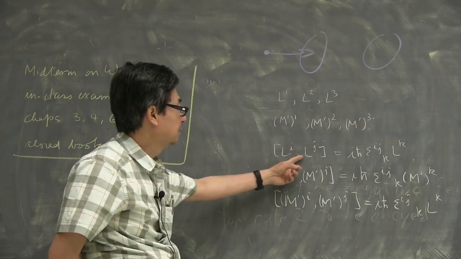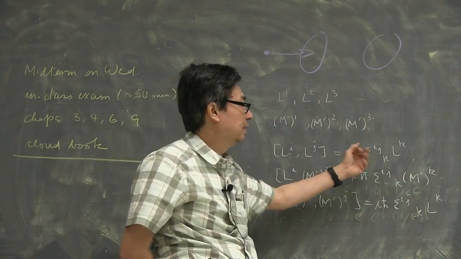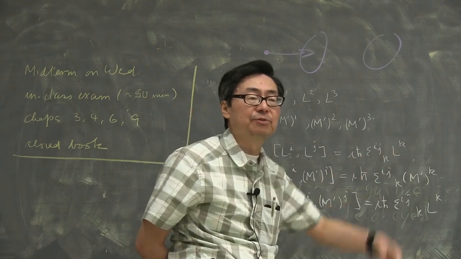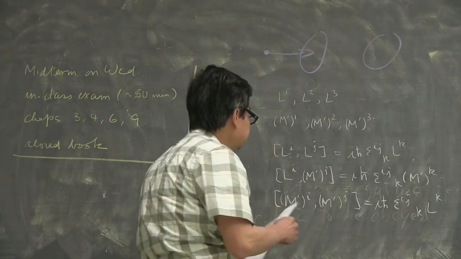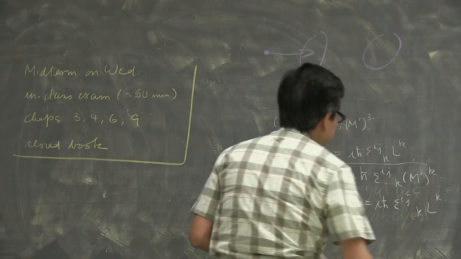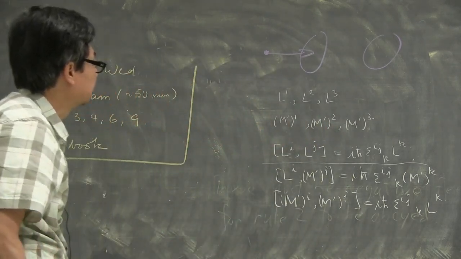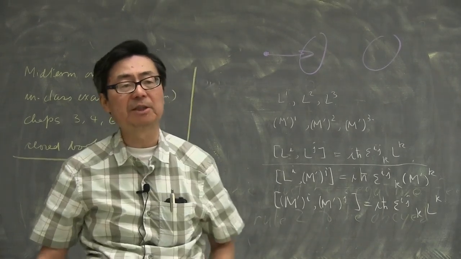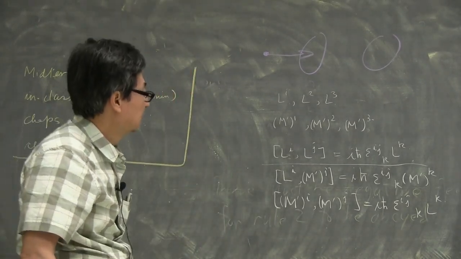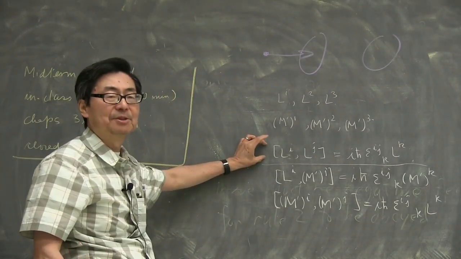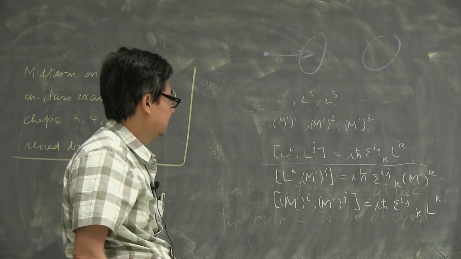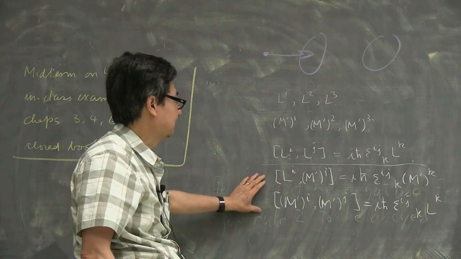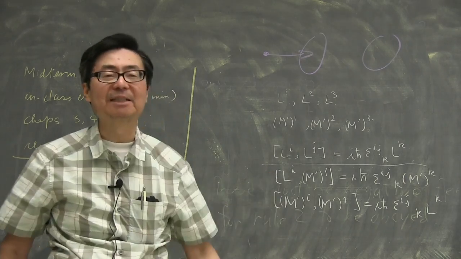So L1 commuted with L2 gives you iħ L3 and so on and so forth. Okay, so the whole algebra is 6-dimensional because there are 6 basis vectors in here. When the algebra is considered as a vector space, it's 6-dimensional, among which there's a subalgebra, which is 3-dimensional. The other one is not a subalgebra because they got mixed like that.